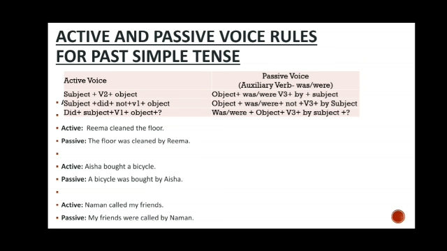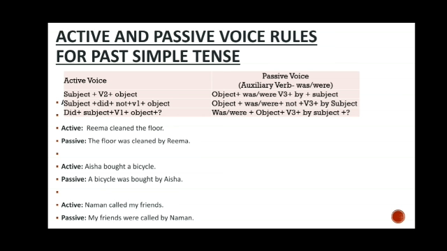Now next is simple past tense. In simple past tense, subject then verb second then object is coming. If I am talking about negative, then subject then did, not, then verb first is coming, because did is already verb second. Okay. Now interrogative: did, subject, then verb first, then object.